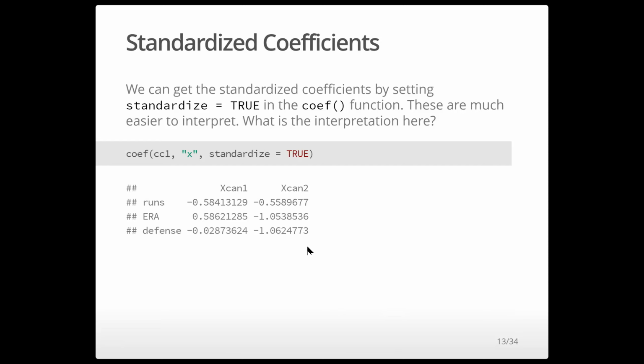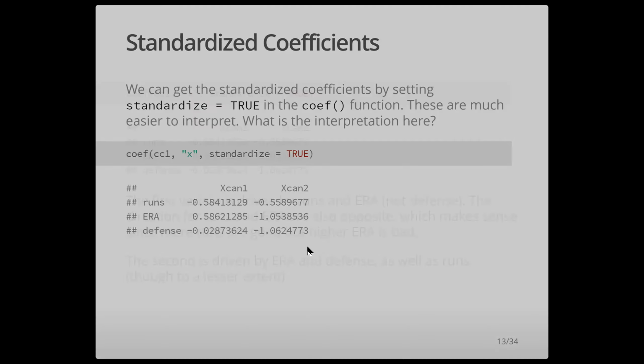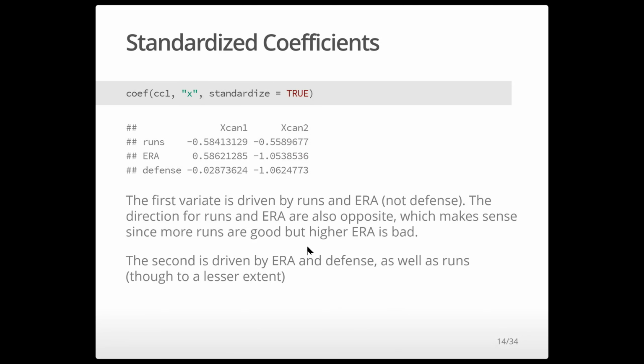To rectify this, we can get these standardized coefficients. So these are much easier to interpret. So how would we interpret these coefficients? The first variate is driven by runs and ERA, not defense. And the direction for runs and ERA are also opposite. So runs are negative and ERA is positive here.